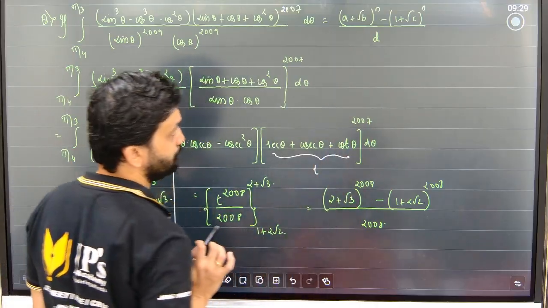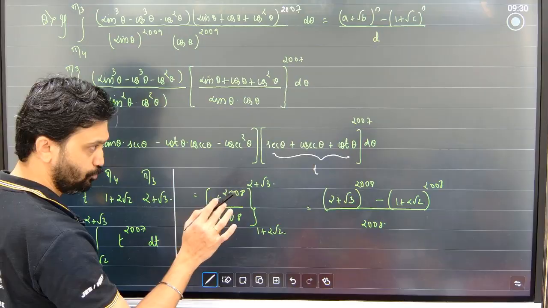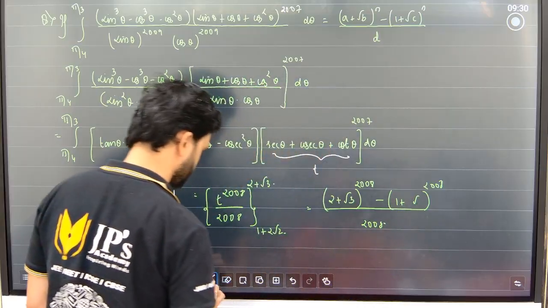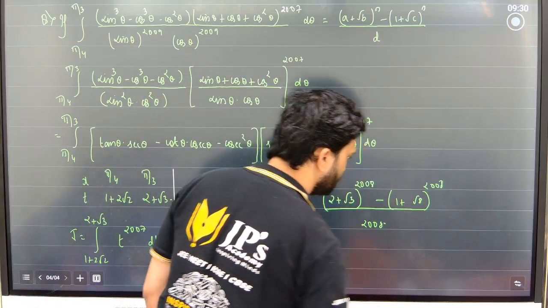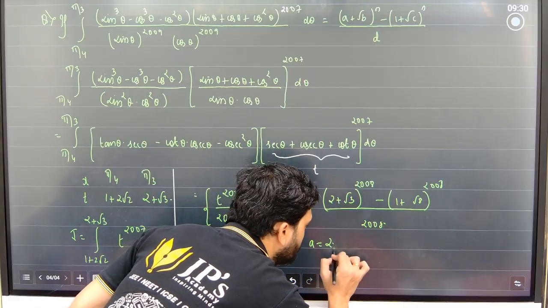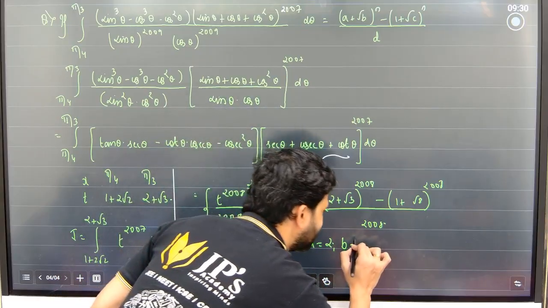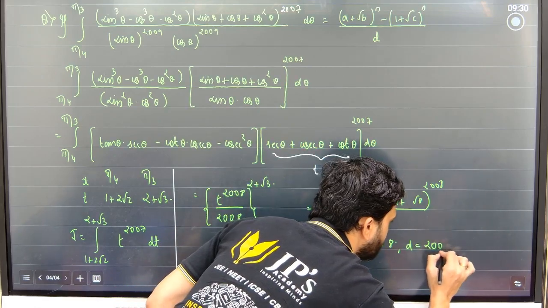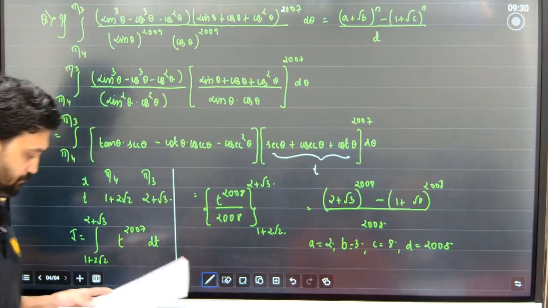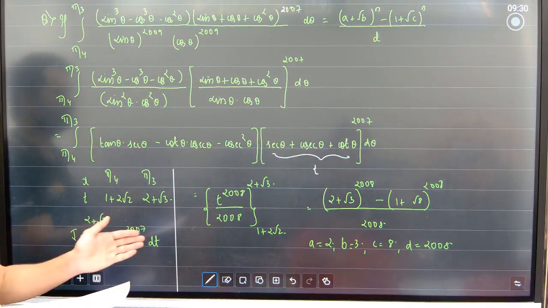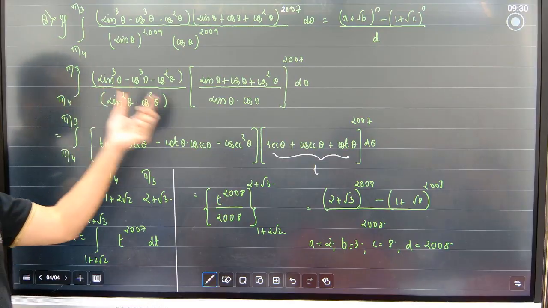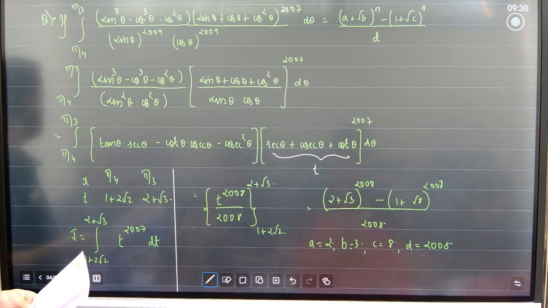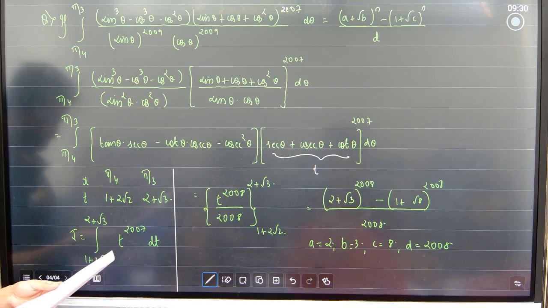So a and b are matching, c is also matching, so this 2 root 2 I will write as root 8. So my a is 2, my b is 3, my c is 8, and my d is 2008. So I have a, b, c and d. Anybody has any doubts here? So good question, a very important question.